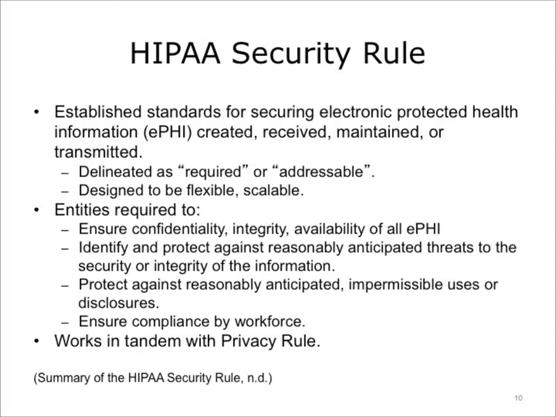The security rule also promotes the two additional goals of maintaining the integrity and availability of ePHI. Under the security rule, integrity means that ePHI is not altered or destroyed in an unauthorized manner. Availability means that ePHI is accessible and usable on demand by an authorized person.